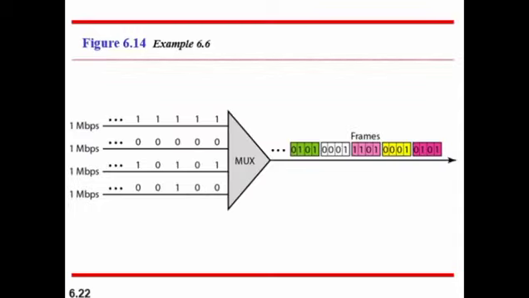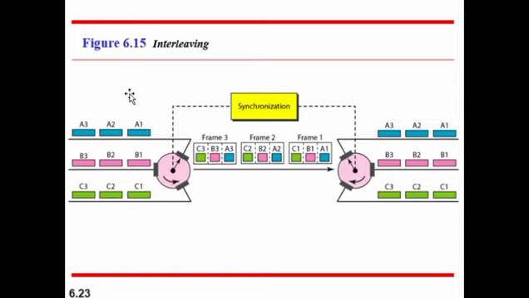Synchronous TDM works by taking one bit from every channel and then making one frame of it that is very fast and with very minimum time, right? So this is what we were talking about, the interleaved fashion, earlier. This is how they take the bits in the interleaved fashion and then make one frame, right?